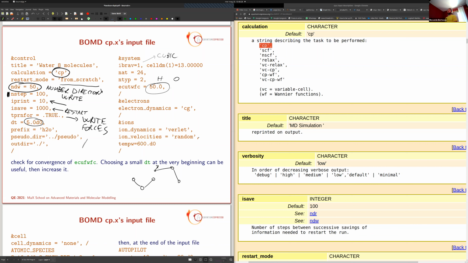Here I chose a pretty low cutoff just to run the exercise faster, but you have to check that the forces and the energy are converged with this cutoff. So this is something that you have to check. Then, okay, now we tell what to do with the electronic degrees of freedom.